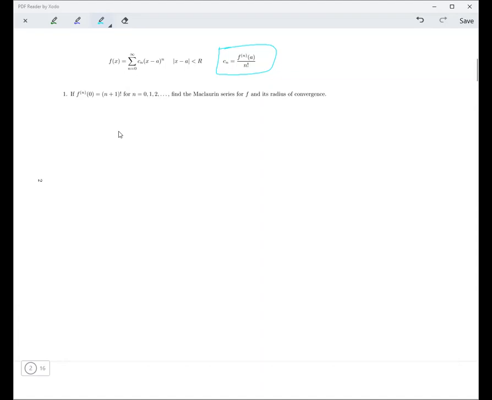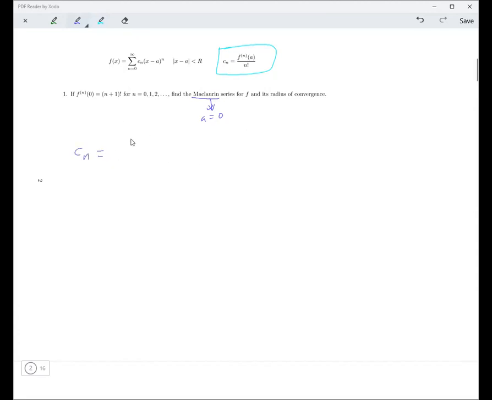So number 1, the nth derivative at 0 is n plus 1 factorial for n equals 0, and so on. So that's giving you this derivative part right here for the Maclaurin series. Maclaurin series, again, that means that a is 0.